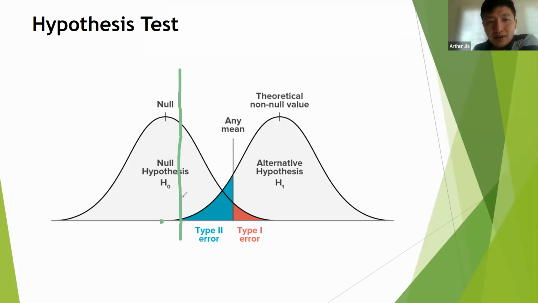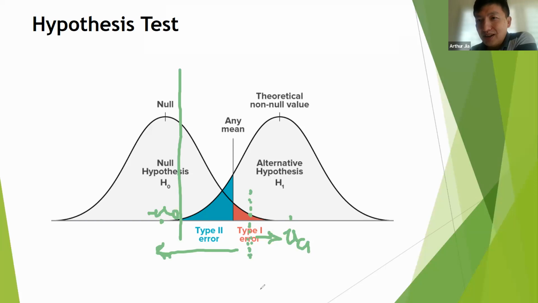However, if you calculate the sample mean and it gives you a value like this one here, which is very far removed from the mu zero, so this is the mu zero, and this is the mu alternative, right? Based on your sample, you got a sample mean which is very close to the mu A rather than the mu zero. So this is evidence which is not supporting your null hypothesis, right?